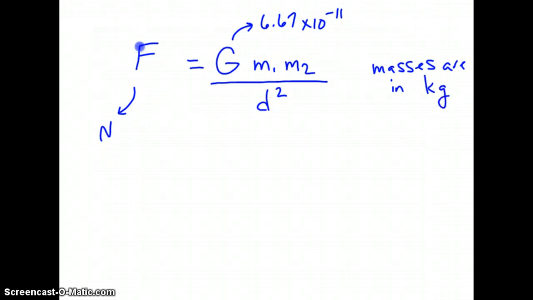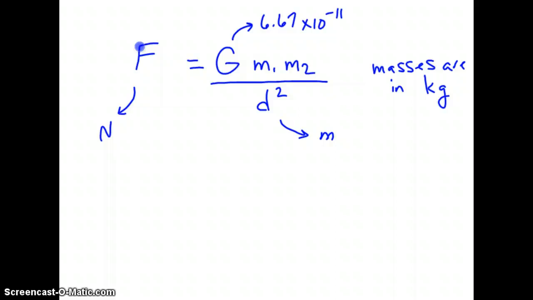The distance between the centers of the objects would be measured in units of meters. By following the correct convention for units, we would arrive at units of newtons for the force of attraction.